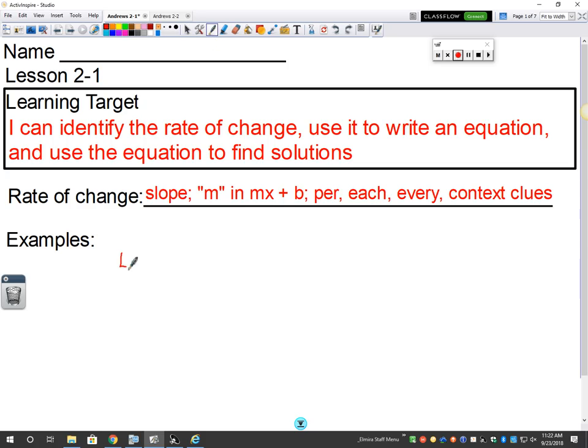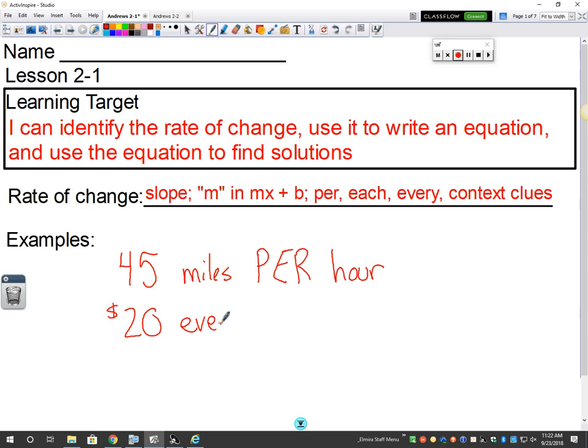So if a car's speed limit was 45 miles per hour, okay, miles per hour, or you could say that somebody saved $20 every week. Okay, and I meant to capitalize that every, because that's one of the key words.